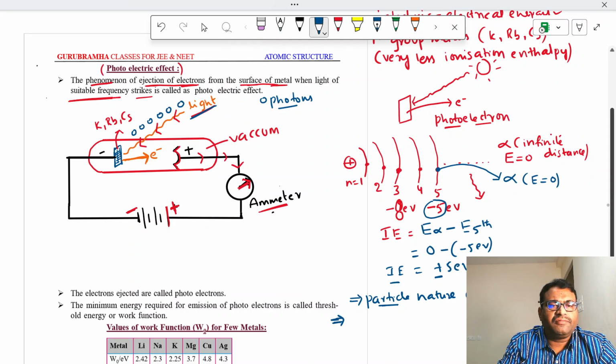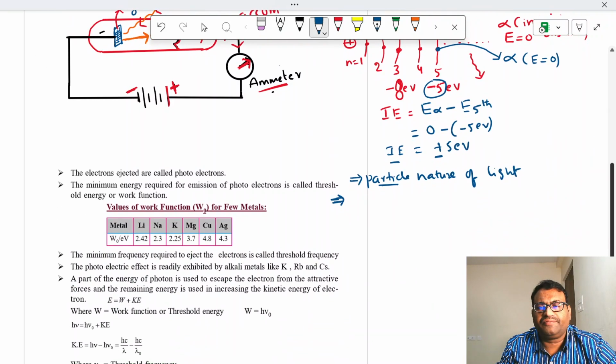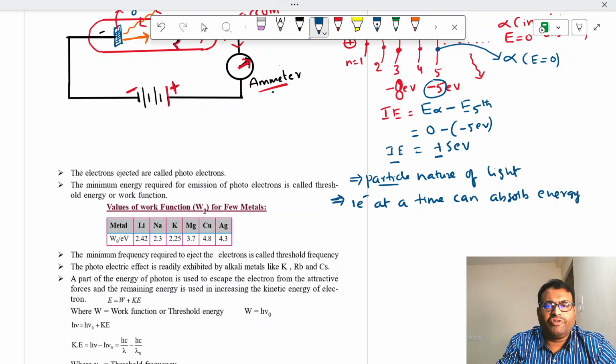Okay, and you need to remember that there are many electrons in an atom. One electron at a time can absorb energy of one photon.